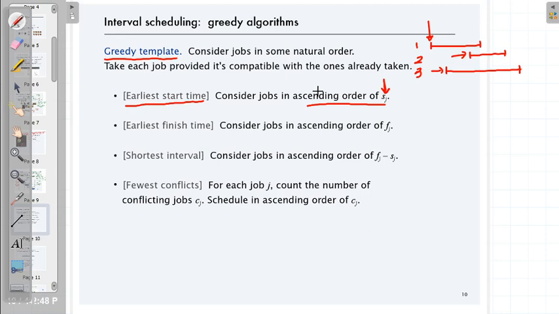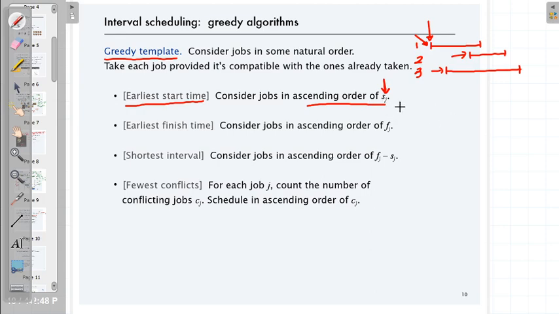Now, if I use these heuristics as a greedy template, always I am greedy in the sense that I am starting with the job which has the lowest start time. That is the greediness here.